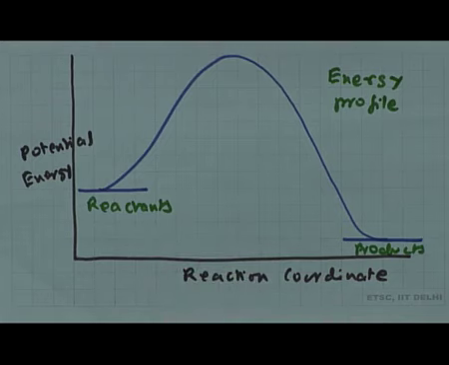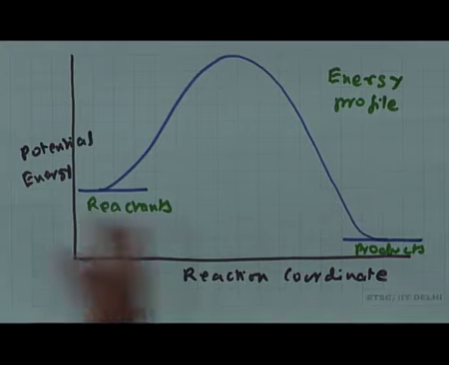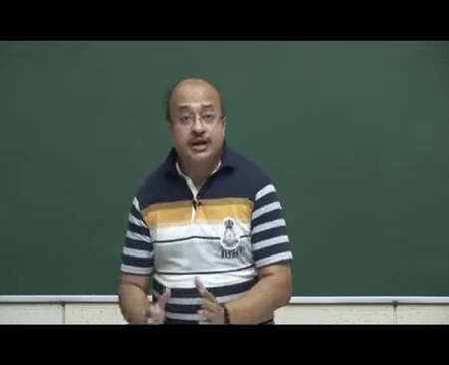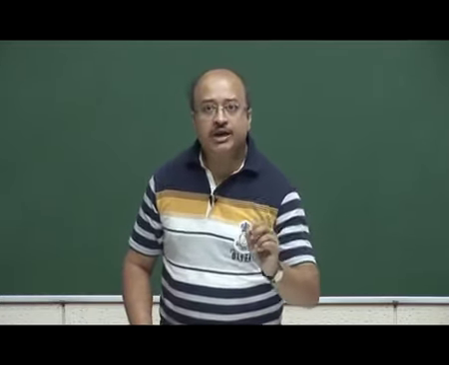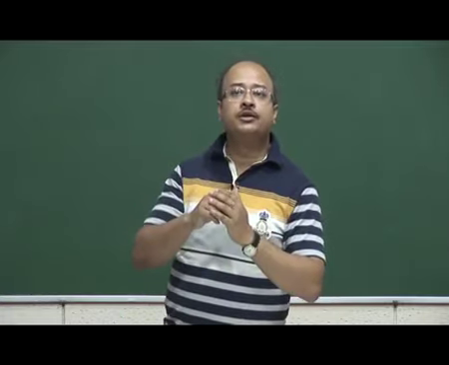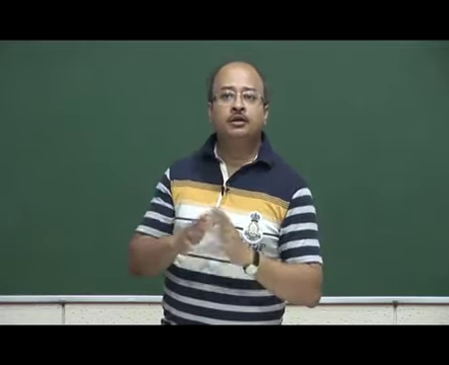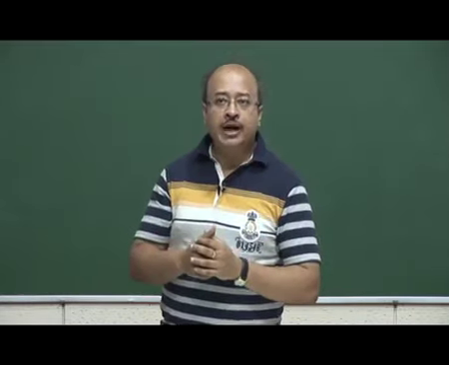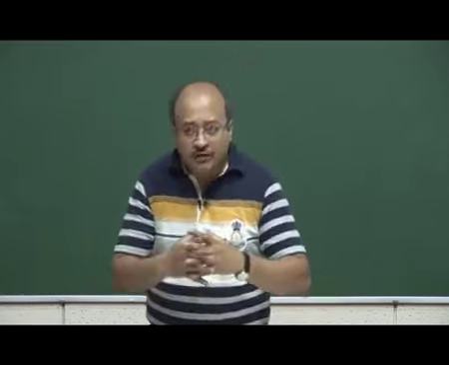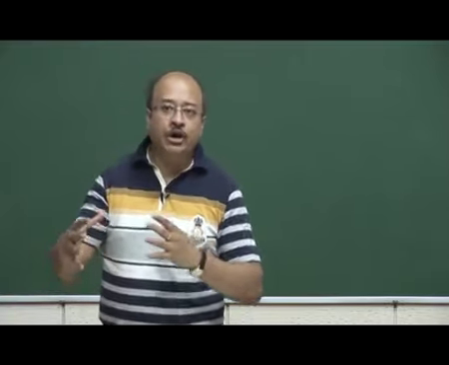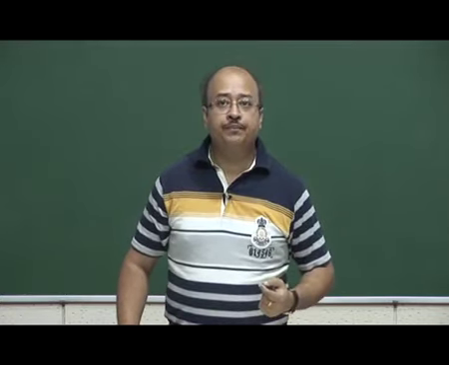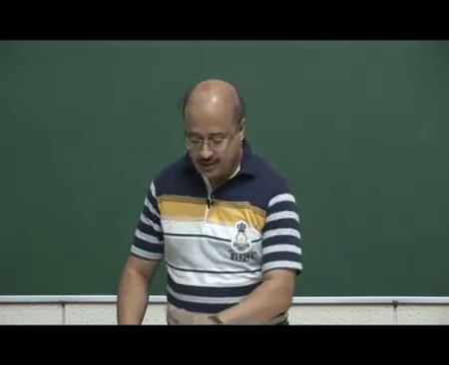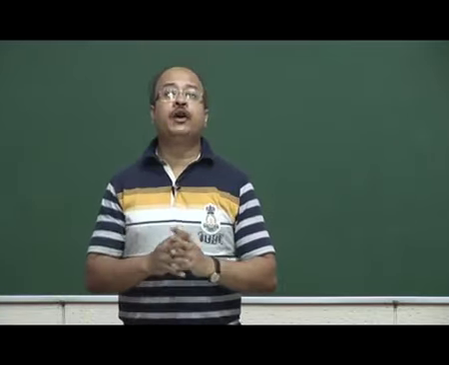Along the reaction coordinate you are having bond breaking, bond angle changing and so on, the change in the atomic distances, and because of those changes your potential energy is changing, because remember the potential energy is a contribution of all those things: the energy associated with the bond, the energy associated with the interactions between the solute and solvent molecules. Whenever these changes in bond angles or interatomic distances are happening, all these energies are also changing as you go from the reactants to the products, and this is what the energy profile is telling you.